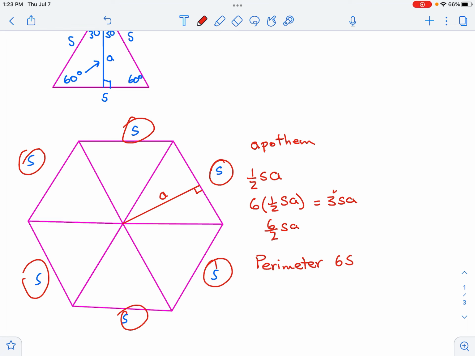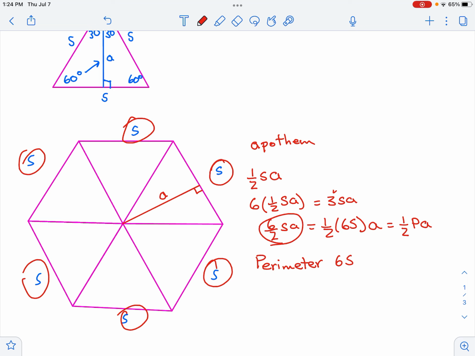So let me break this down a little bit. This is 1/2 times 6s times a. I just rewrote this a little bit. One of the things I could do is say this is 1/2 times the perimeter times the apothem.